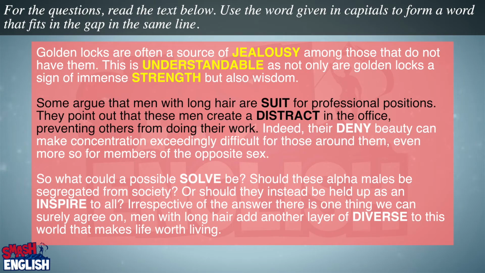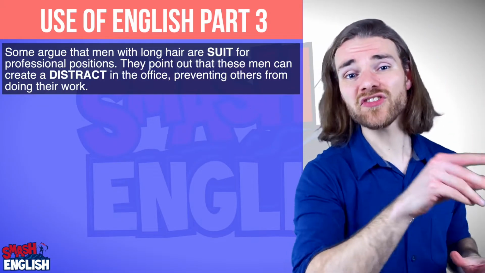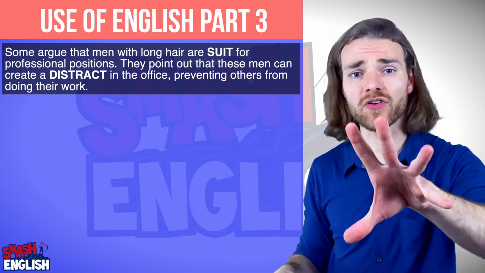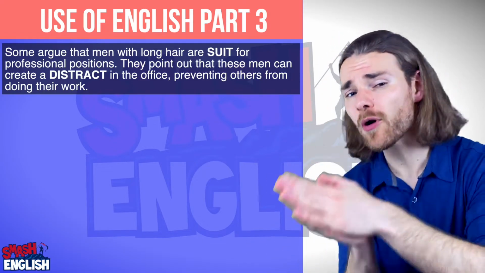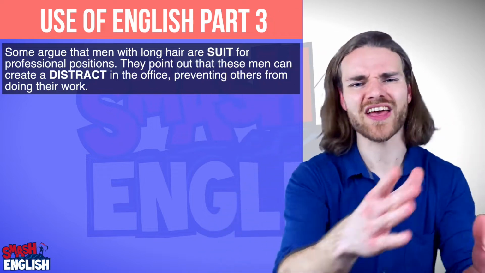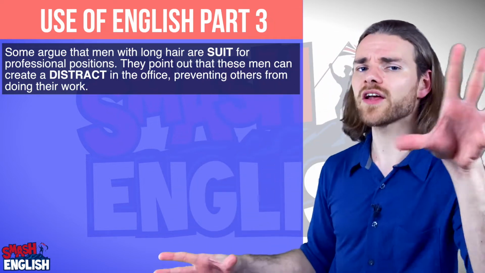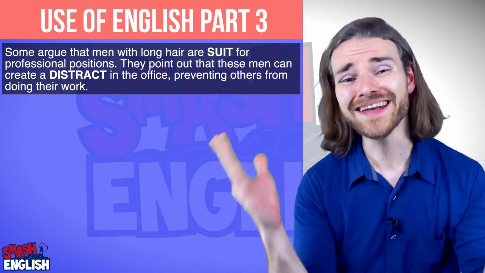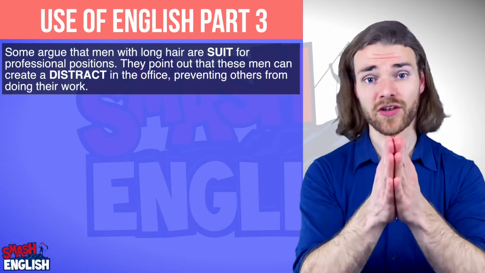Some argue that men with long hair are suit for professional positions. They point out that these men create a distract in the office, preventing others from doing their work. Again, I think we should deal with distract first. This is because we need to properly understand the sense of the second sentence to understand the meaning and thus the word we need in the first sentence.